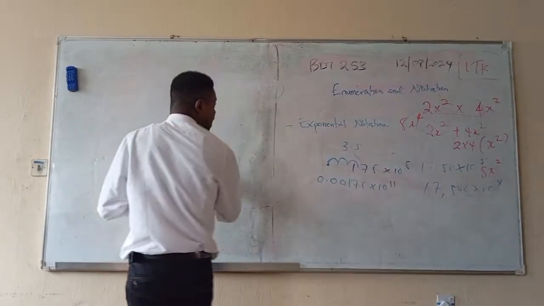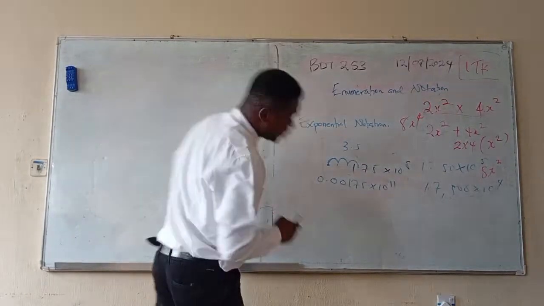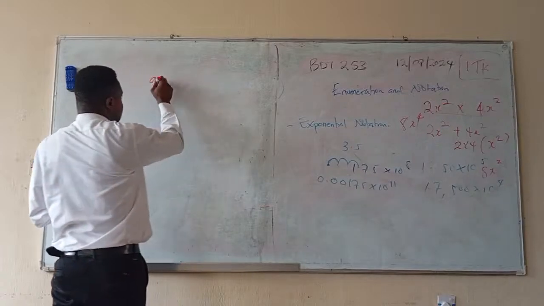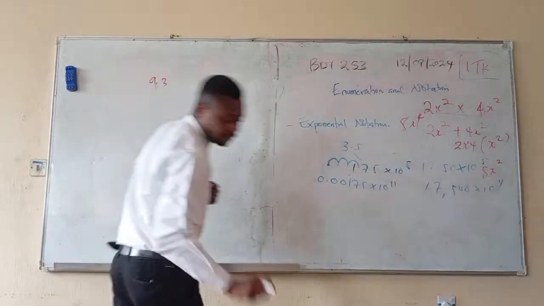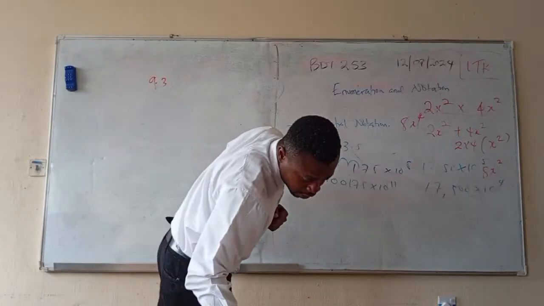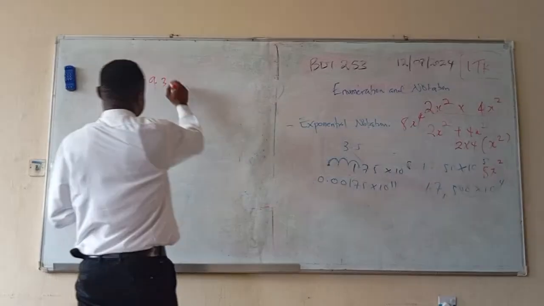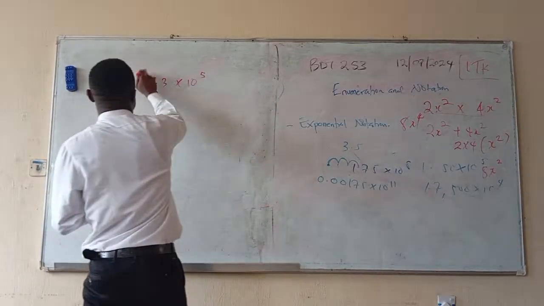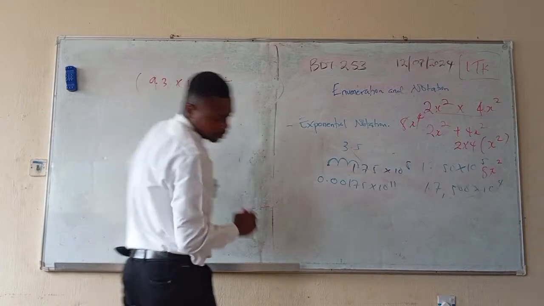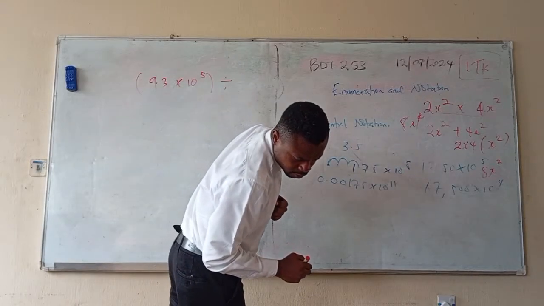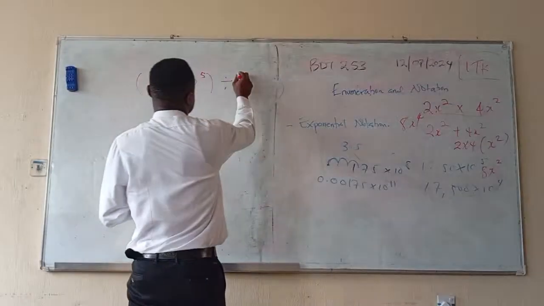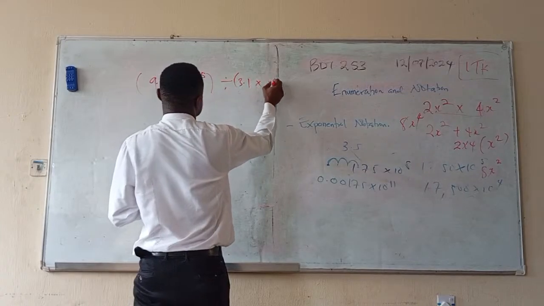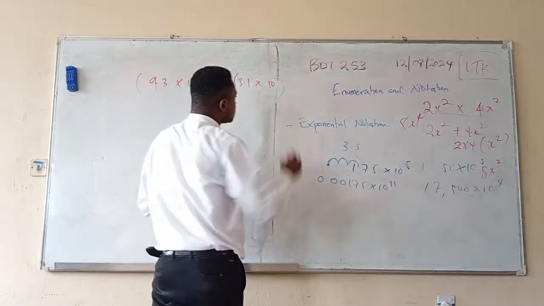So let's look at what multiplication. After this, I think we have a statistics lecture around. So after this, we end the lecture. 9.3 times 10 to the power what? 5 divided by what? 3.1 times what? Let's put what? 2.